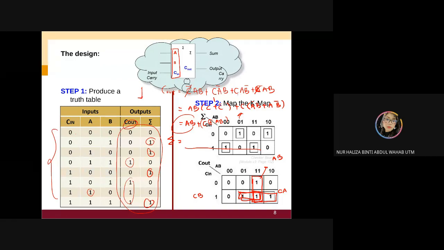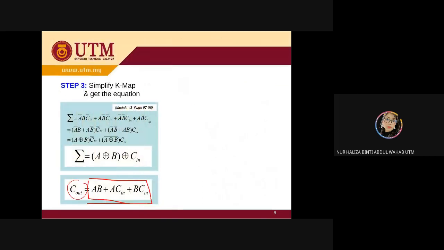Here will be my C A bar B, correct? This one is my C bar AB. Then maybe I did wrong on the simplification. C bar. Where is my C bar?